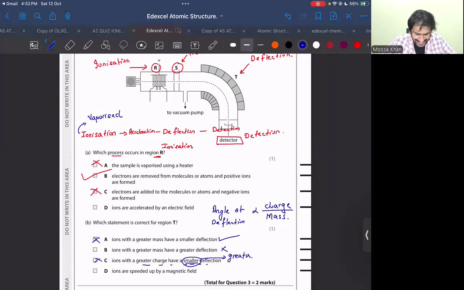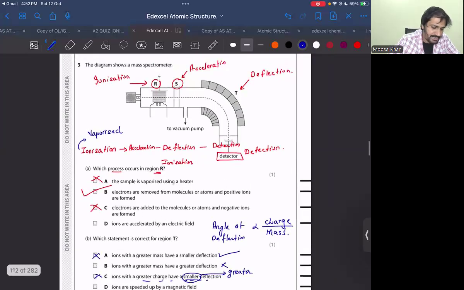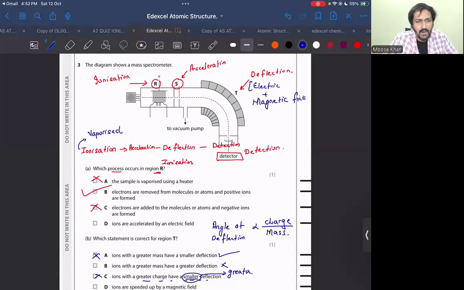Getting my point? D says ions are separated by a magnetic field. See, deflection can be done by an electric field, and deflection can also be done by a magnetic field, because whenever a charged particle passes through an electric or magnetic field, it is deflected. If you recall your grade 11 physics, when a charged particle moved in a magnetic field, it was deflected.